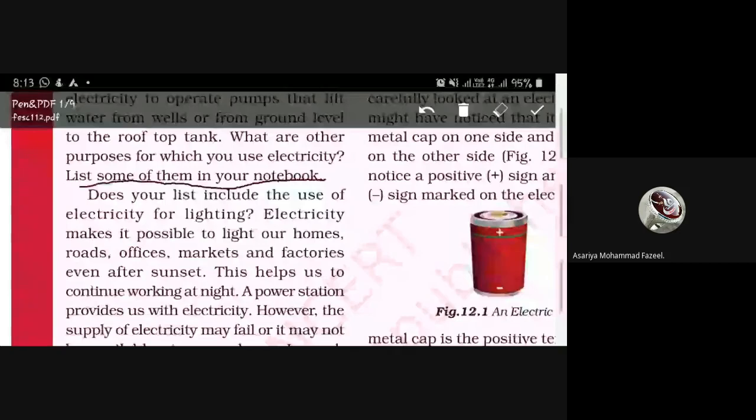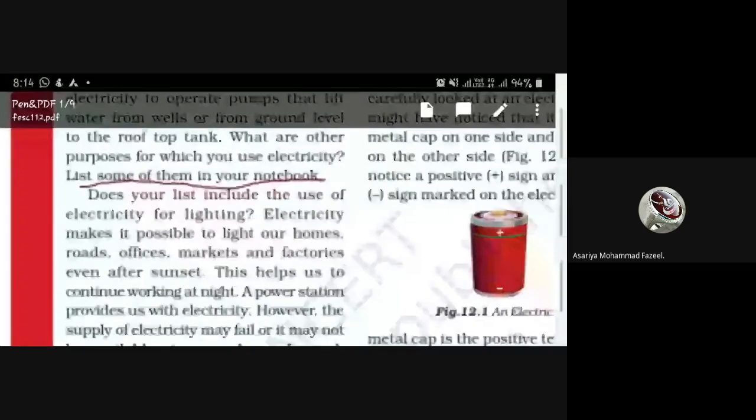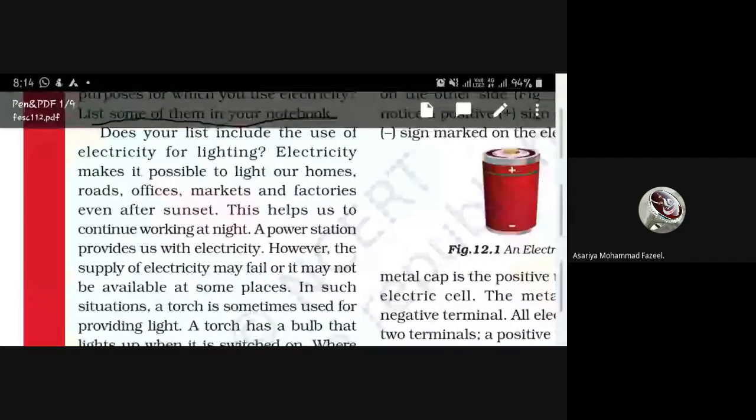This will be the activity for today. Today you have to make a list of activities where electricity is used. You have to write 15 tasks where electricity is used, like how it is used in filling water. Right? So in how many places is electricity being used? Write 15 such activities. Okay boys. Yes, ma'am. Hello everyone, I am telling everyone: you have to write 15 tasks where electricity is used. Just write the names, where it is being used.